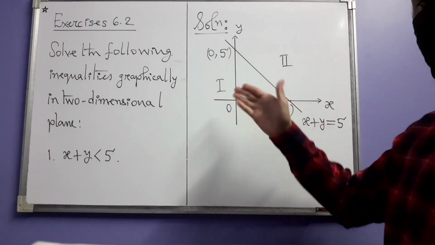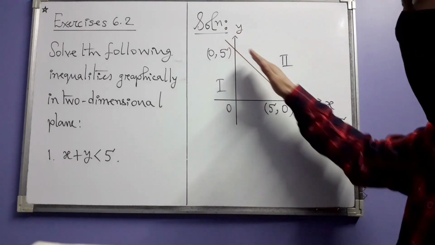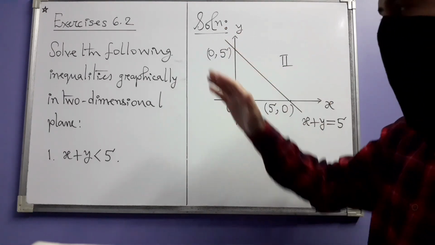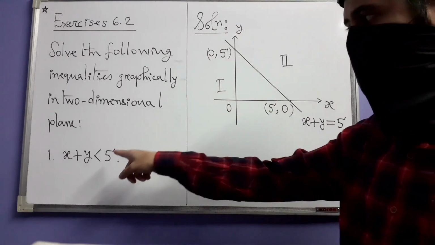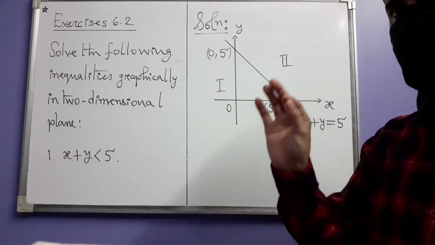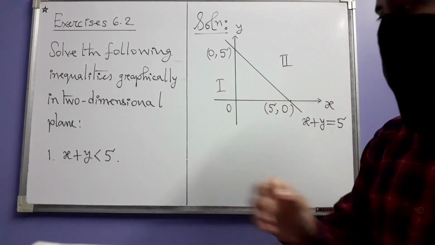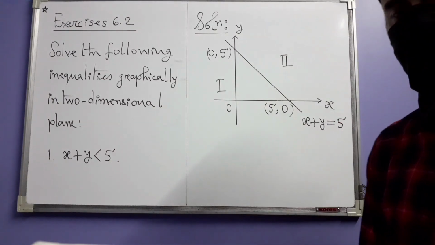So that means that is plane 1 for us. And plane 1, of course, does not include any point on the line itself. All the points below the line provide us with solutions to this inequality. In what sense? Any such point gives us x and y values, and you put those x and y values here and the inequality will be satisfied.